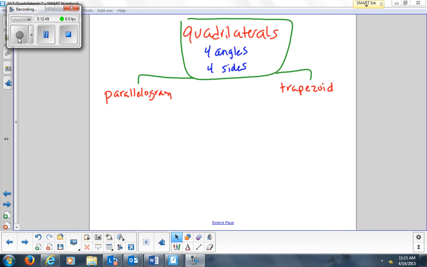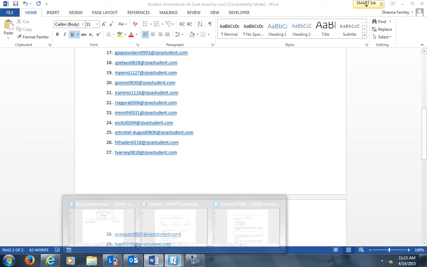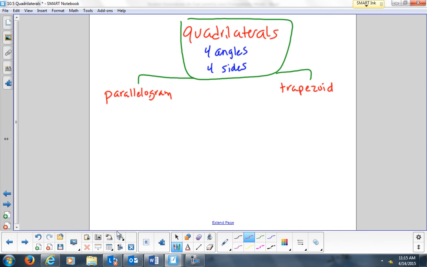A quadrilateral has 4 angles and 4 sides. There are 2 types of quadrilaterals when breaking it down. So everything that's got 4 angles and 4 sides is a quadrilateral. Once you break that down, you can have a parallelogram or a trapezoid.